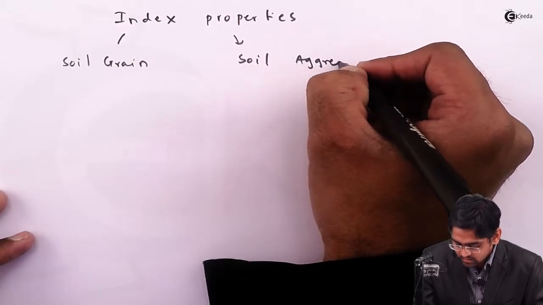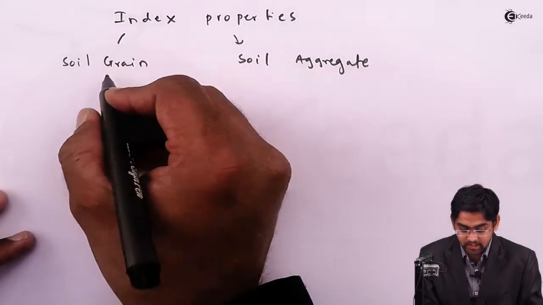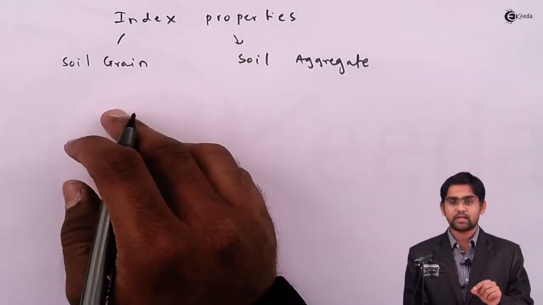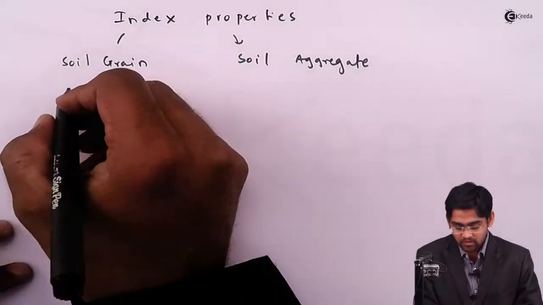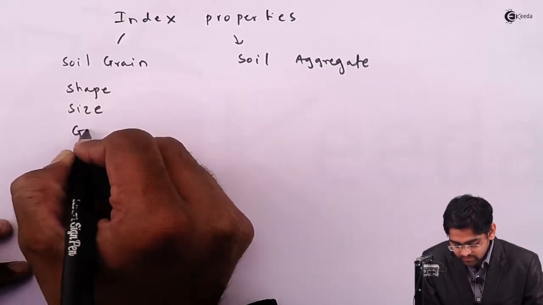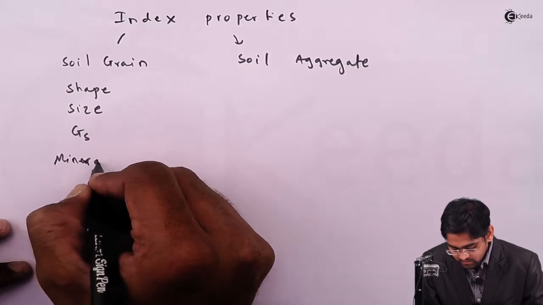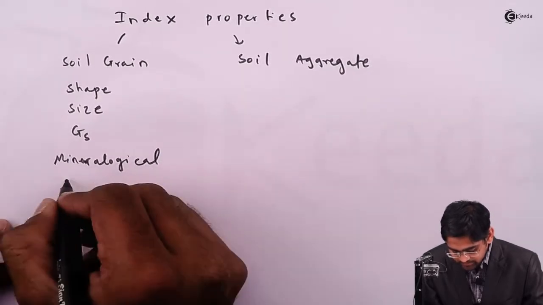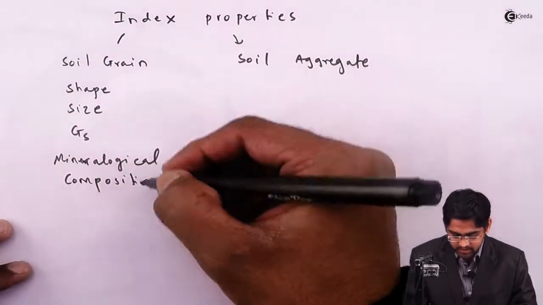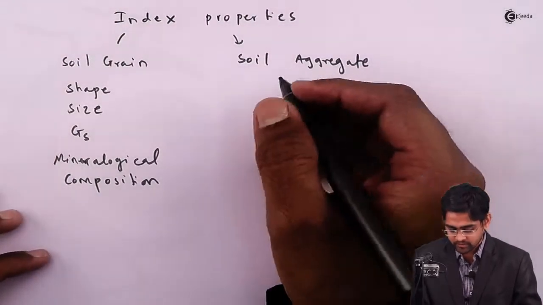Remember, the grain properties are independent of the formation of the soil. They depend on individual grain size: what is its shape, what is its size, what is its specific gravity, and what is its mineralogical composition and all. So these are the soil grain properties, which is a sub-property of an index property of a soil.